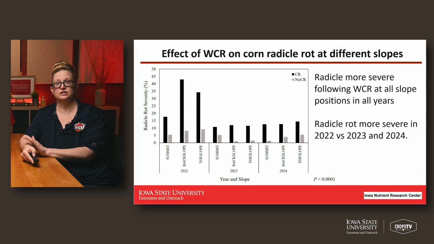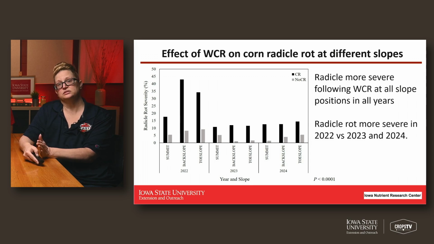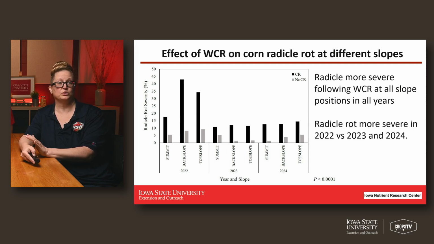There was a significant difference versus if there was winter cereal rye or if there was not. And then we also found that radicle rot was more severe in 2022 versus the other 2 years.